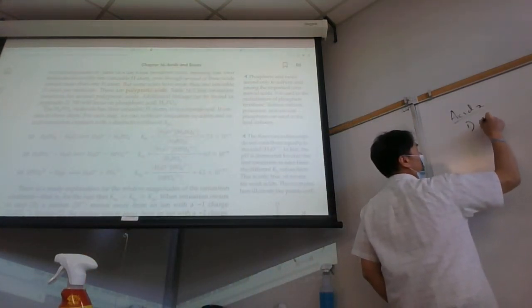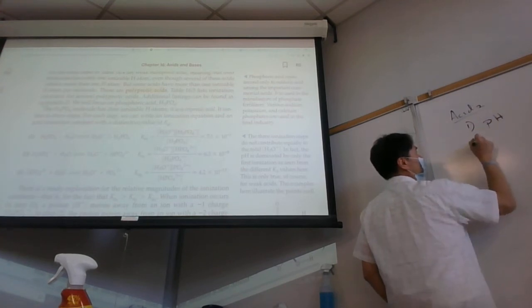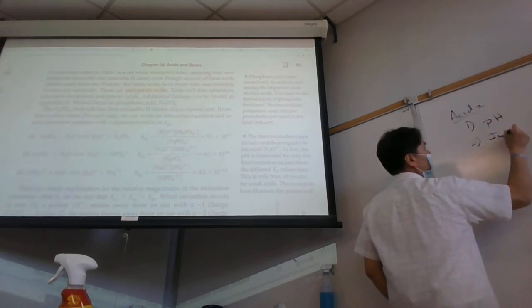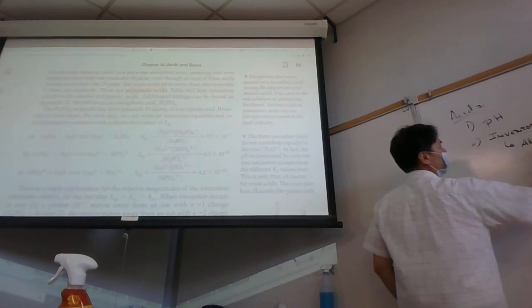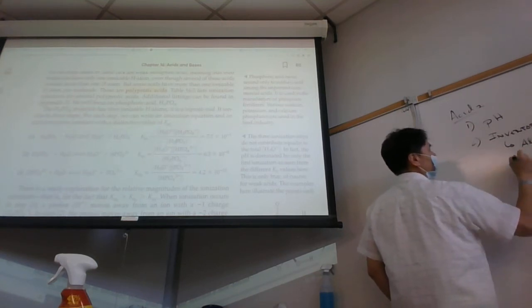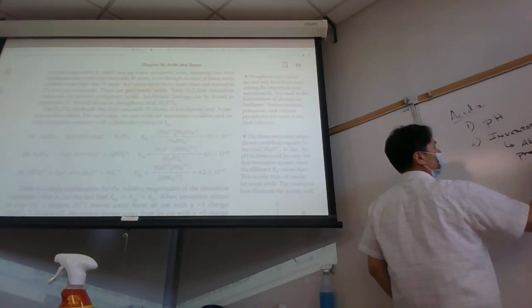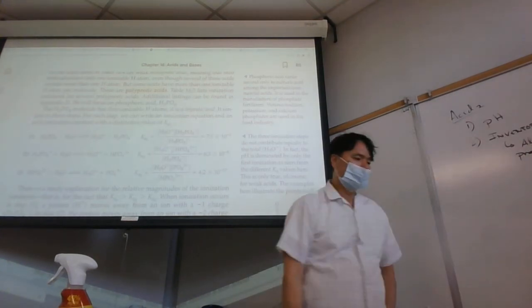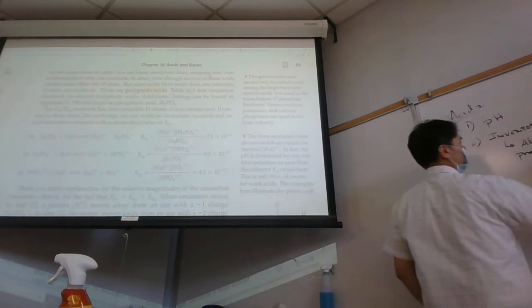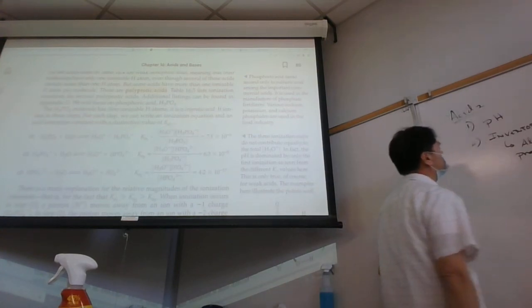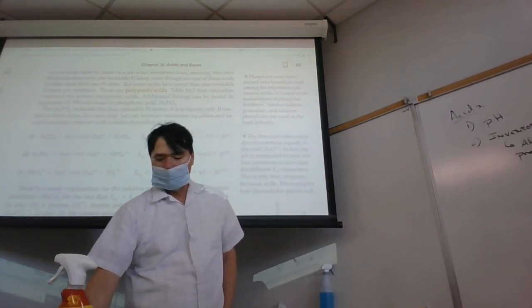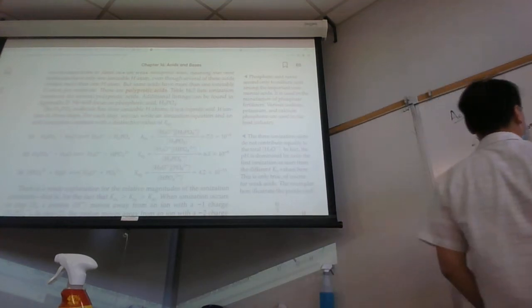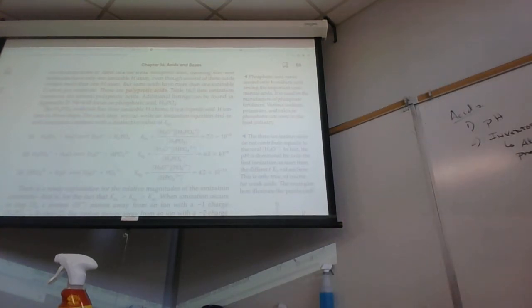One is what is the pH of the acid? And two, what is the inventory? The inventory is just a listing of all species present at equilibrium. And so for the inventory, we have to do all the calculations.